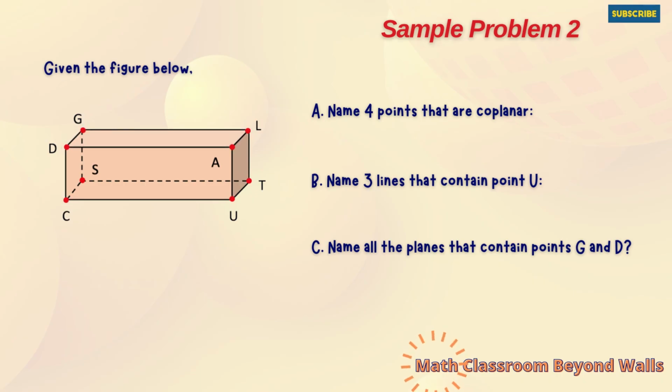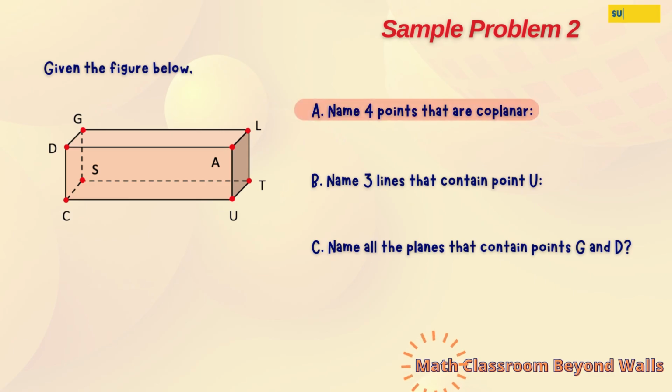Just like what we did in sample problem 1, we will deal with the questions one after the other, determine what each question is about, identify the key concepts that relate to the question, and apply the concepts in determining the answer with the use of the diagram.